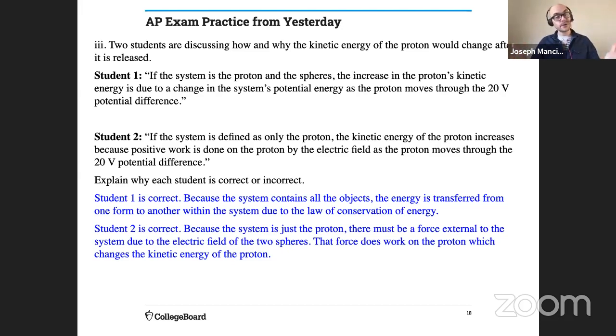But both of those definitions are internally consistent, depending on how you define the system. Definitely pay attention to that. The idea of systems and energy and conservation laws is core to the understanding of AP Physics 2. If you think you have a really good handle on systems in which energy is conserved, ways that momentum is conserved, then you're going to do brilliantly on the AP Physics exam.